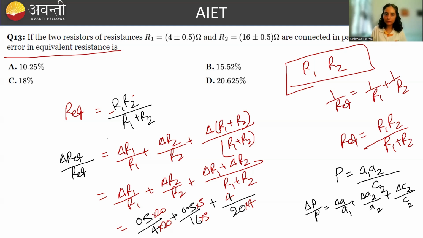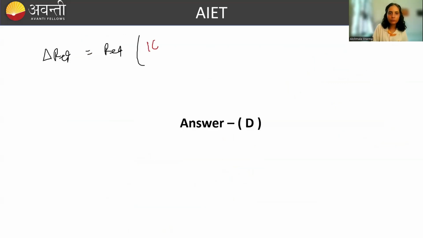So 10 plus 4 is 14, 14 plus 2.5 is 16.25. So 16.25 divided by 80.